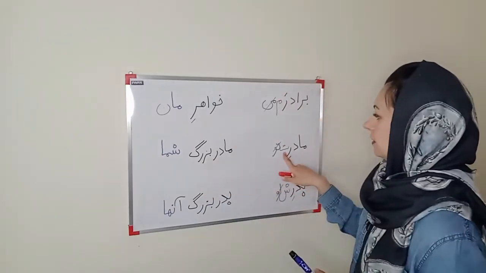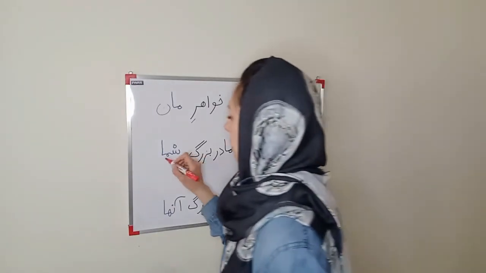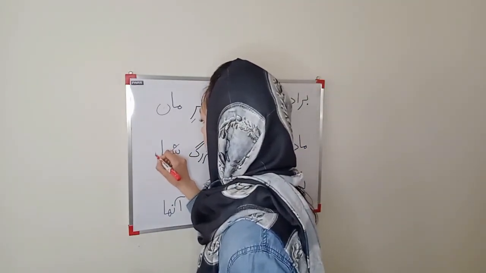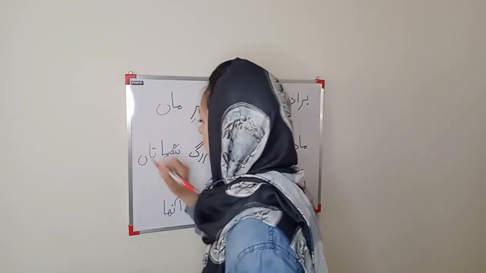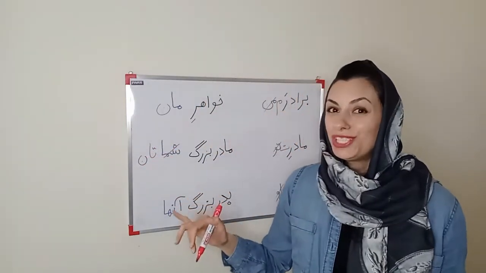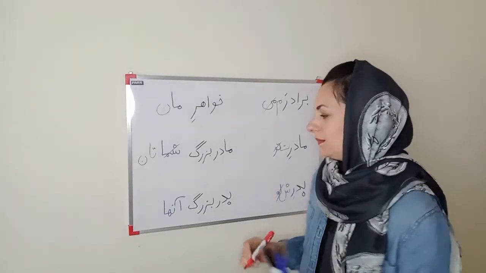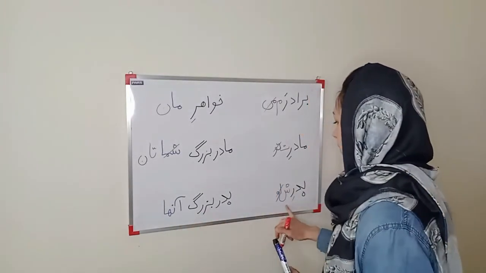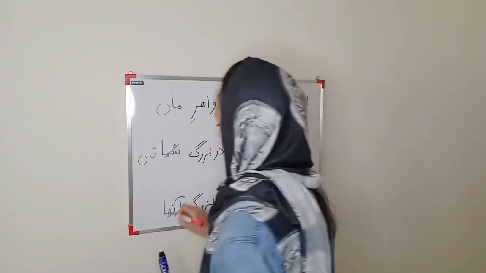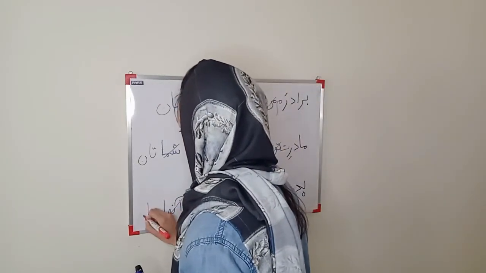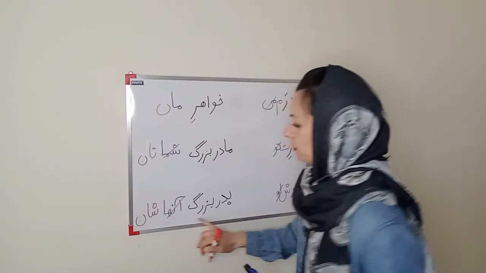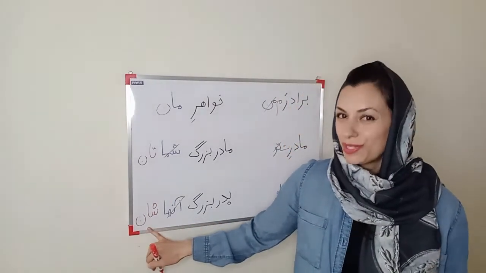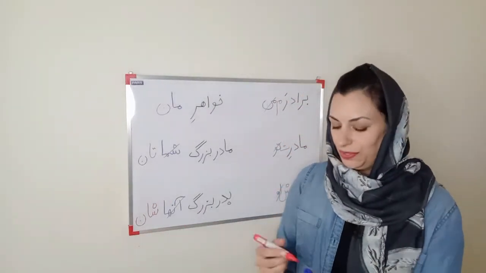So we're going to take this te, just like we did here, and say مادر بزرگتان. Or in spoken Persian, مادر بزرگتون. And here, پدر بزرگ آنها. We're going to take this shin, پدر بزرگشان. Or in spoken Persian, پدر بزرگشون.